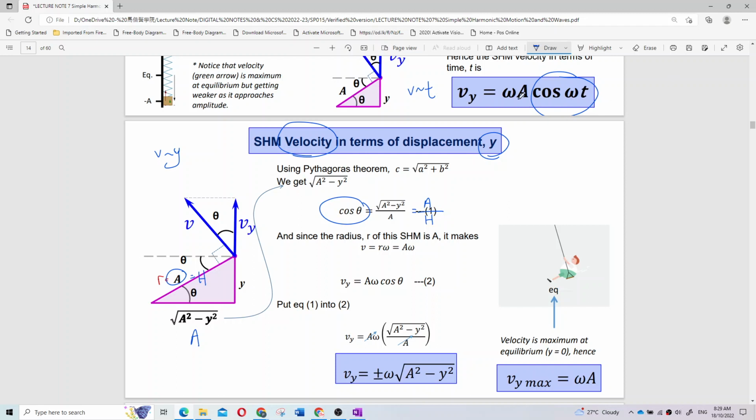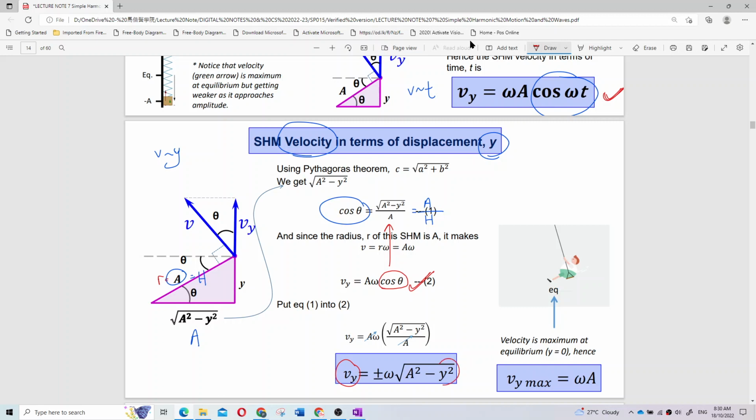Okay, so this equation just now, we use it to put it here. We substitute the cosine theta with this, understand? We substitute with this, and then that's how we get the equation for velocity versus displacement.